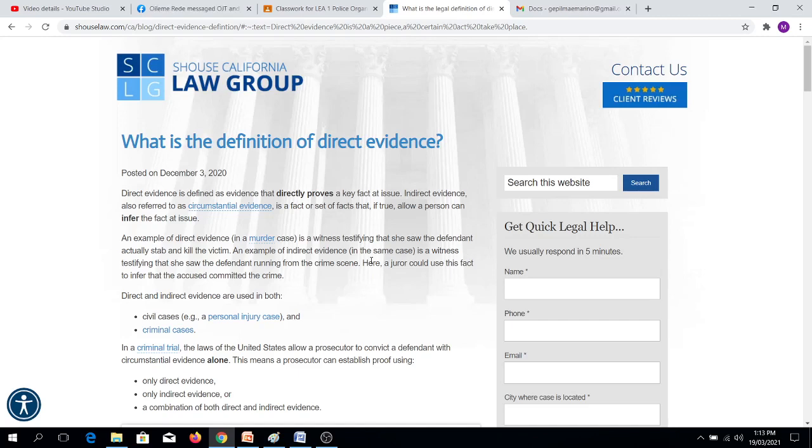Like for example, you saw Mr. B nga iyahang gi-stab, you saw Mr. B na iyang gi-stab si Mr. C. So if that is the case, that is not an example of a circumstantial, but rather it is an example of direct evidence. Because you saw it, nga si Mr. B ni-stab ni Mr. C. Or another good example, in the case of rape, nakakita ka nga, the girl was forced to have a sexual intercourse against her will.